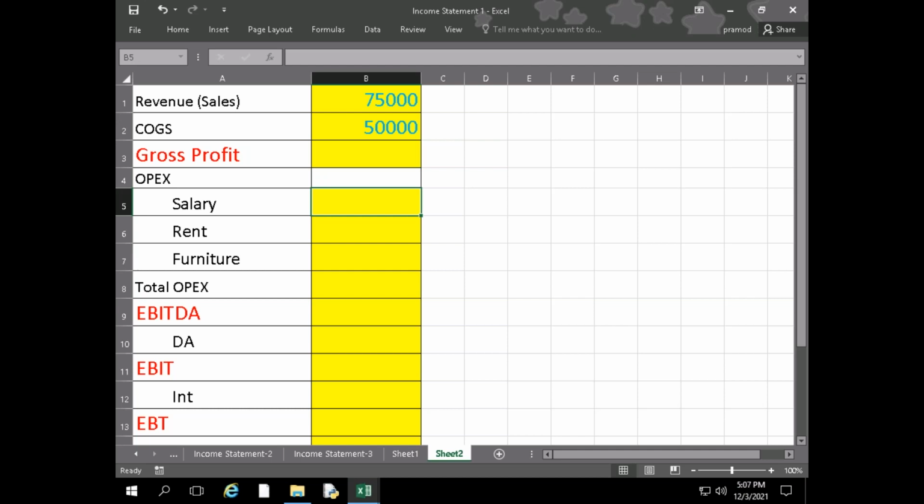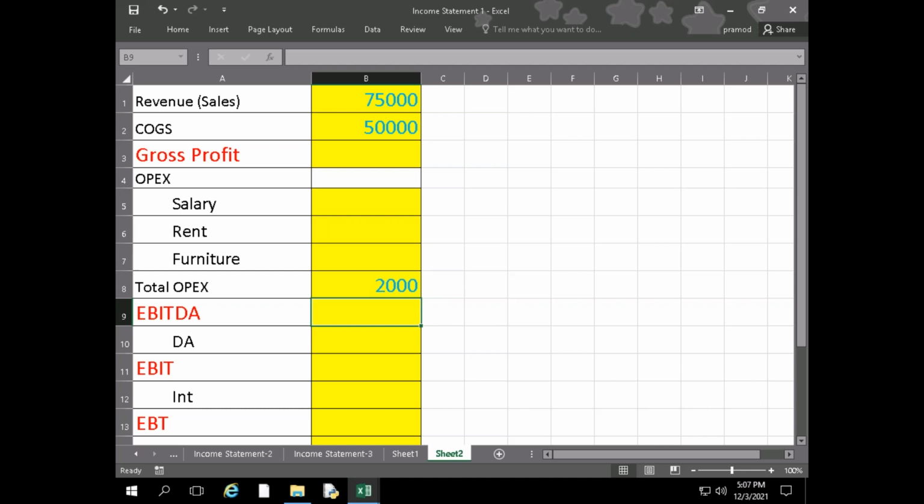Now salary they have given: rent, staff salary and other marketing expenditures all together 2000. I'll put a total of 2000 here, and here you should use the formula. So you know how to do the formula. The tax rate is 25%, we leave it. Dividend we leave first.